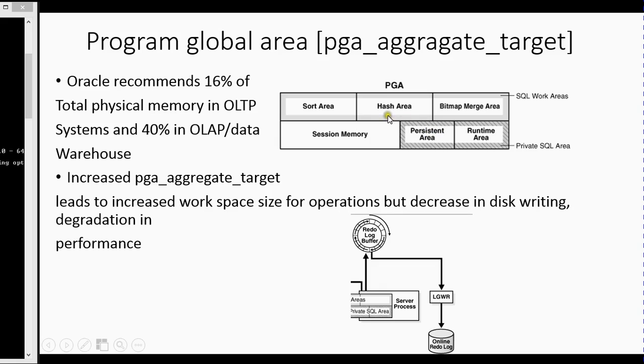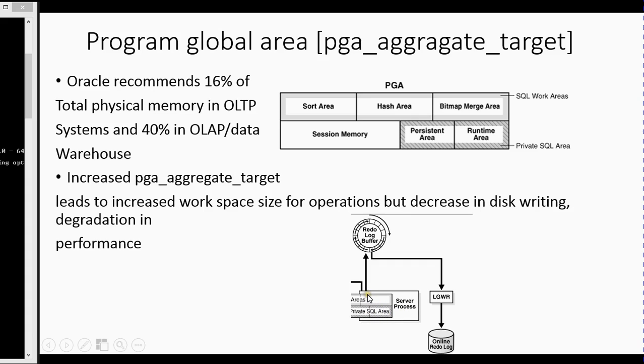And if so much of the work is being taken up by the PGA, then remember, all the server process is actually doing is taking the information that you submitted, that you committed.